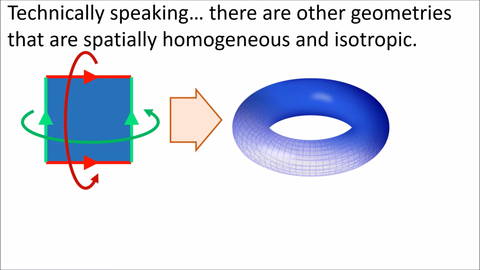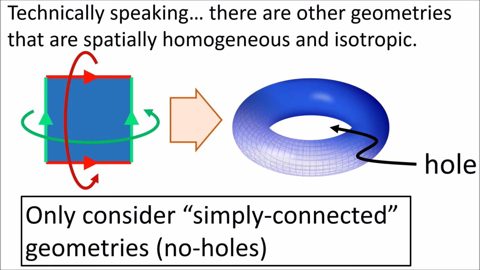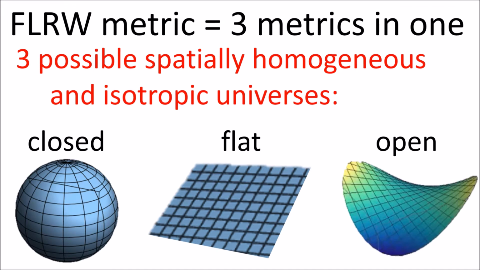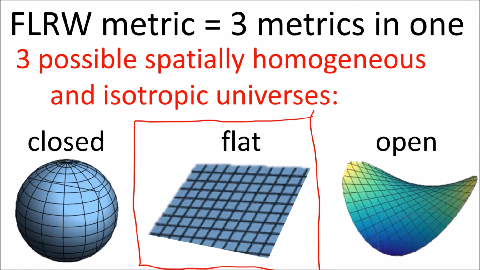However, in this video, I'm going to ignore the more complicated geometries that have holes in them. So I'm only going to consider the simply connected geometries without holes, and in this case, there are only 3 possible options. To start, let's focus on the familiar flat space case first.